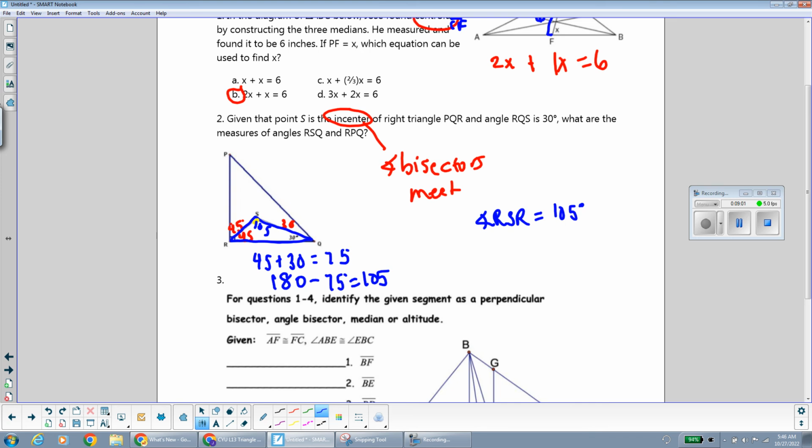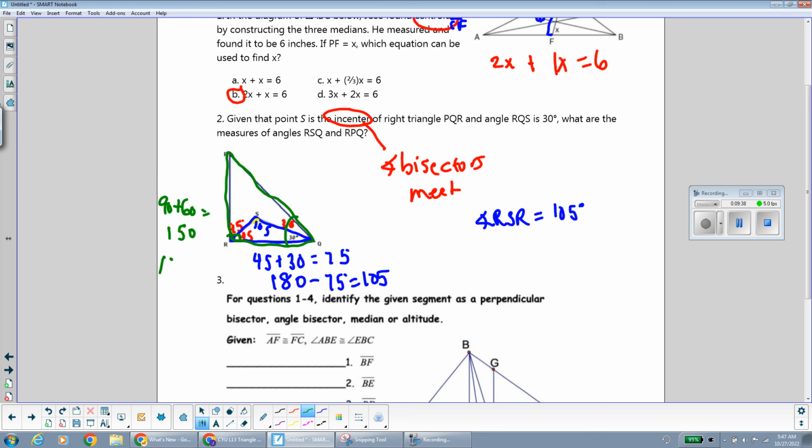And we also need RPQ. So if we take a look at the whole big triangle, once again, all 3 interior angles should add up to 180. We already knew that this angle here was 90. This angle is 60, because 30 plus 30 makes 60. 90 plus 60 is 150.